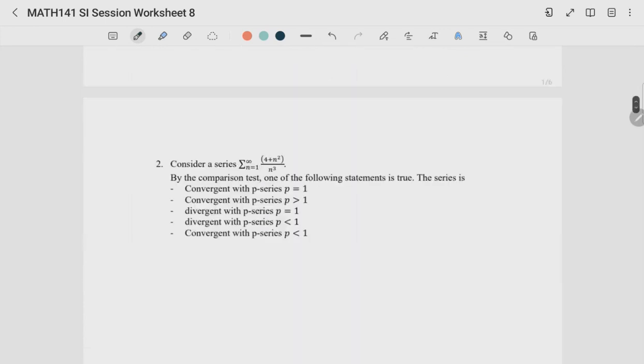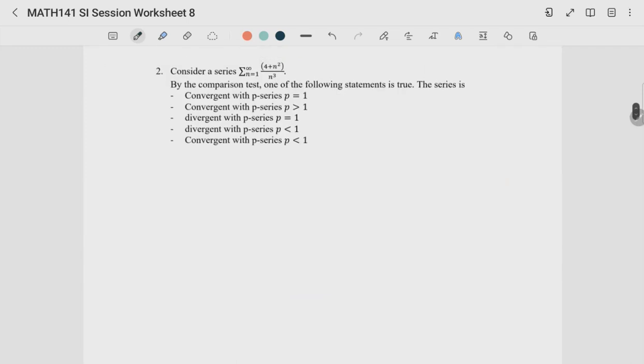Now, moving on to the second problem. Once again, we are given a series, the sum as n goes from 1 to infinity of (4 plus n squared) over n cubed. And we are asked to use the comparison test to check which one of the statements given to us is true.